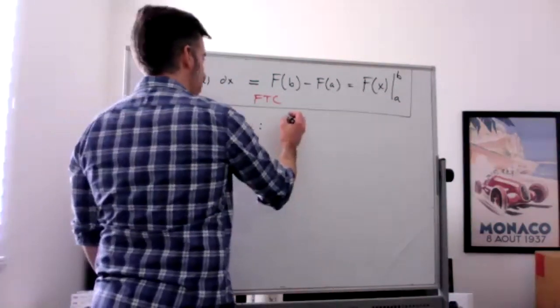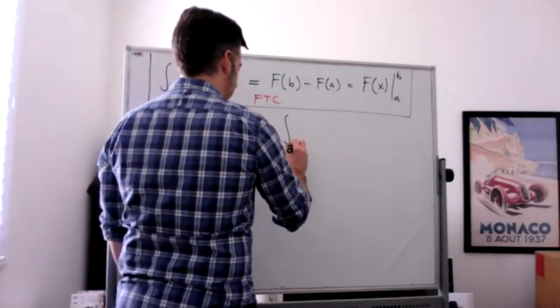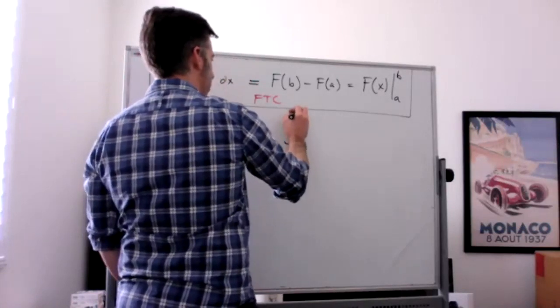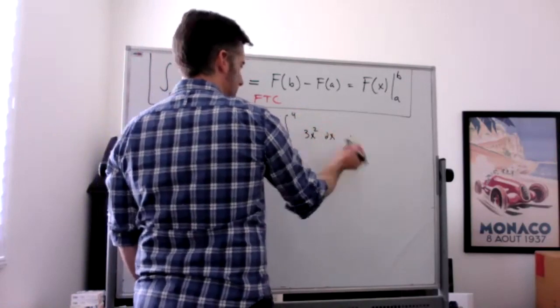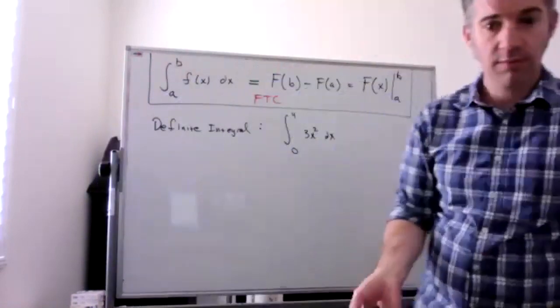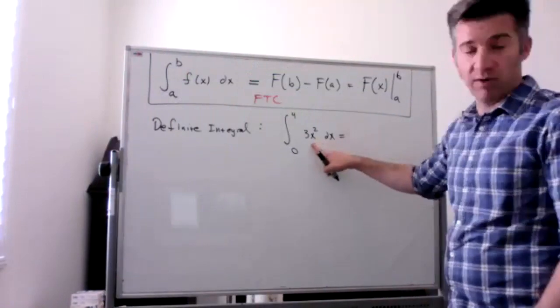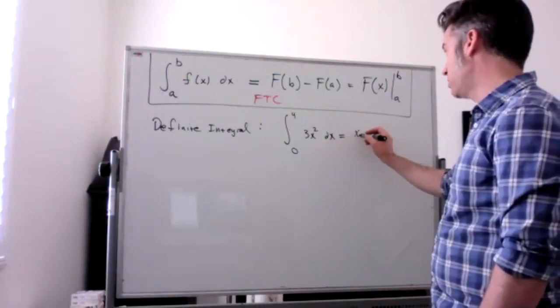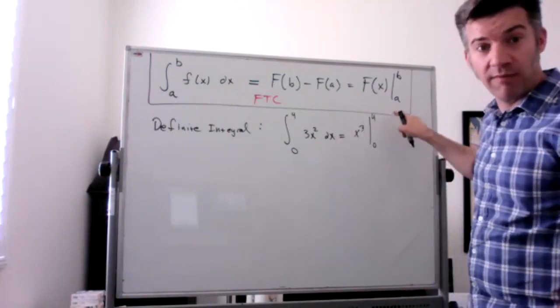So for example, let's make it easy, the integral from 0 to 4 of 3x squared dx. This integral would be, well, the antiderivative of 3x squared is x cubed, evaluated between 0 and 4. It's always the top limit first.